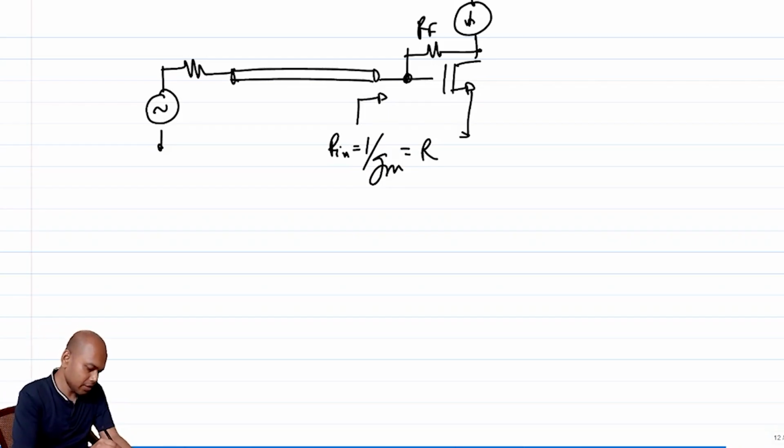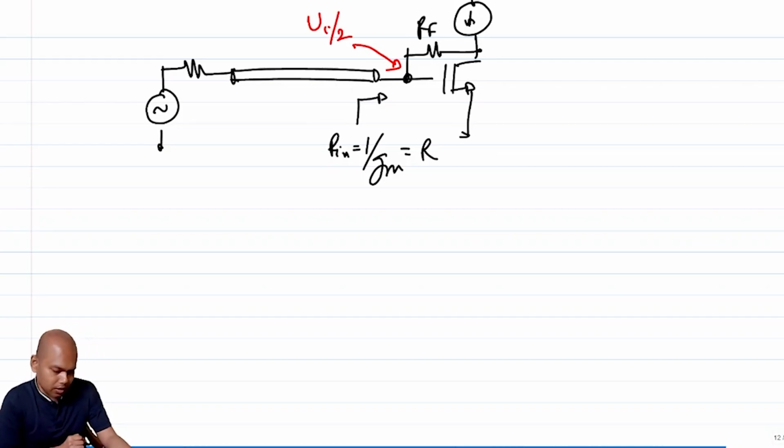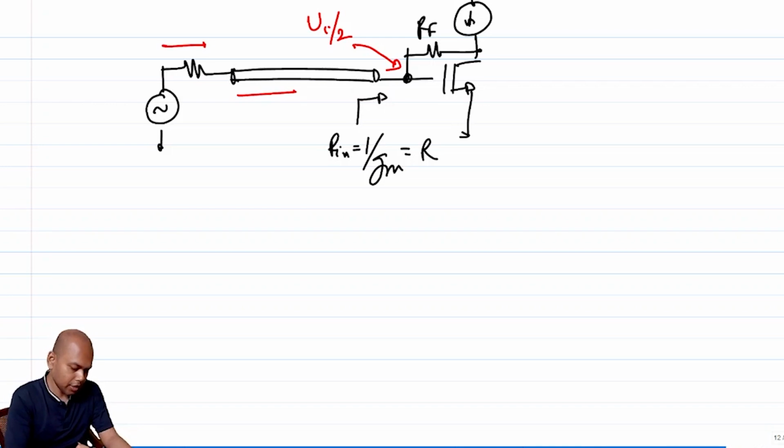If this is matched, then what is the voltage here? Like before, this is Vi by 2, right? If this is Vi by 2, and I know this current, what is the current that is coming out? That is Vi by 2R.